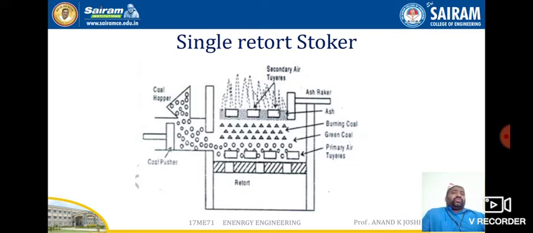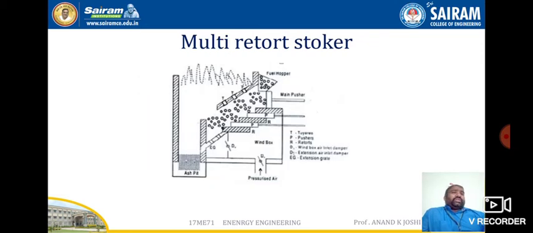So this is how a single retort stoker works. And similarly for the multi retort, instead of one retort, there are multiple retorts, more than 2 or 3, used at different levels, around 5 to 20 depending upon the capacity of the plant.